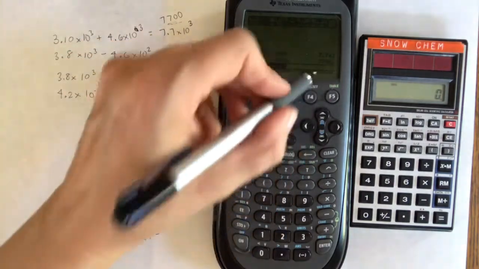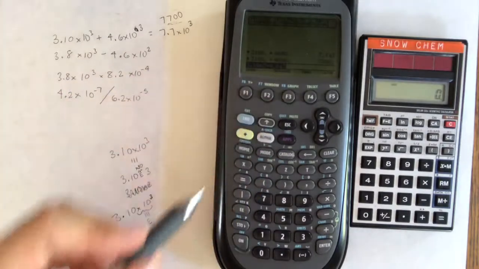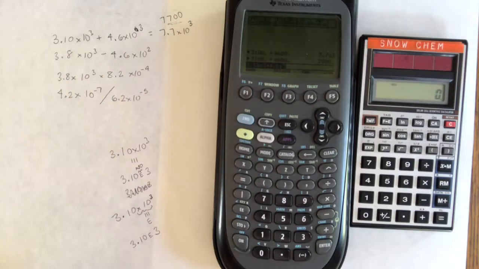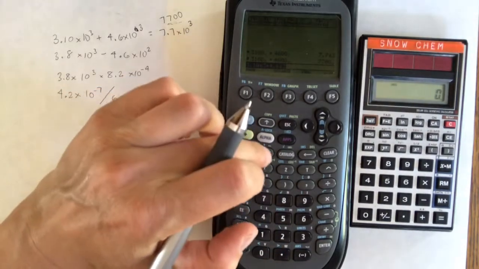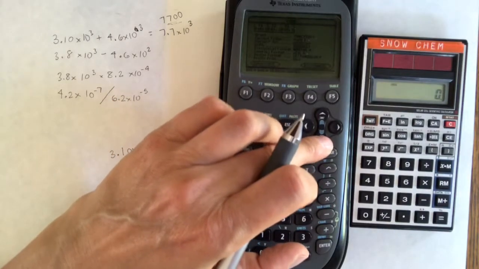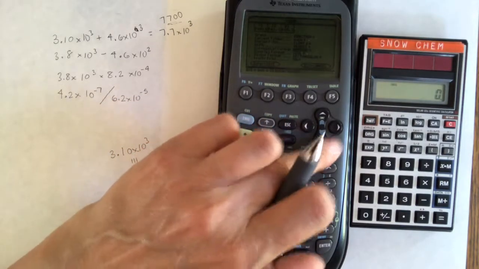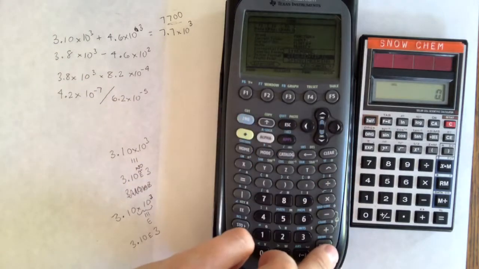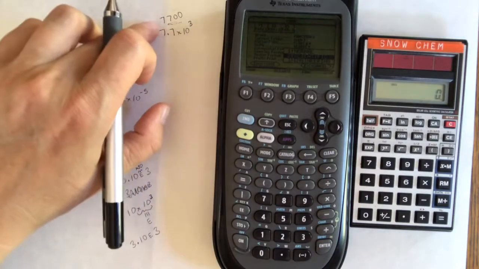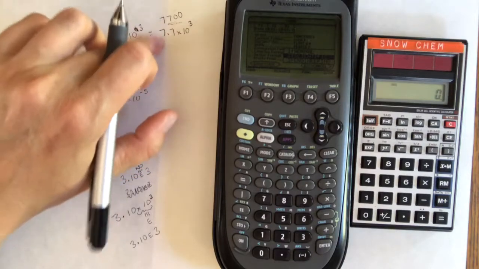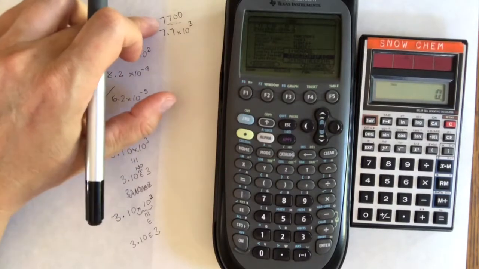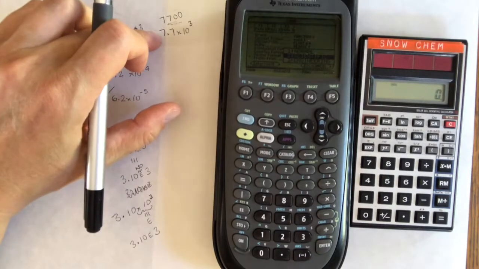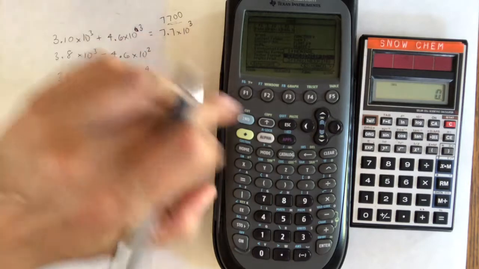If it's over about 10 to the 11th or 10 to the 12th or so, it's going to give it to you in scientific notation, whether you have the mode in normal or scientific. But depending on how you want your answer to show up, if it's only 10 to the third, if you have it on normal, it's going to show up as 7,700. And if you have it in scientific, it's going to show up as 7.7 times 10 to the third.